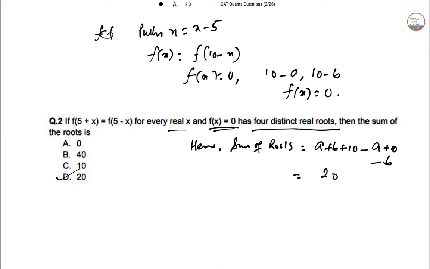So answer number 4 is correct. Next we proceed to question number 3.